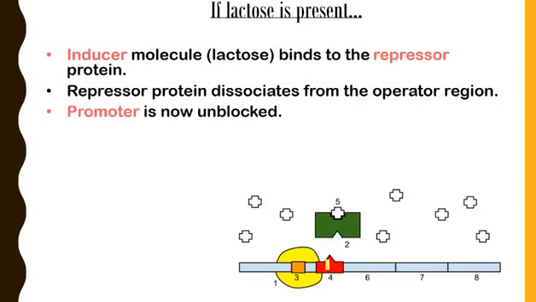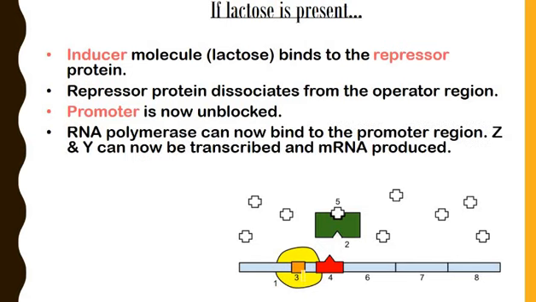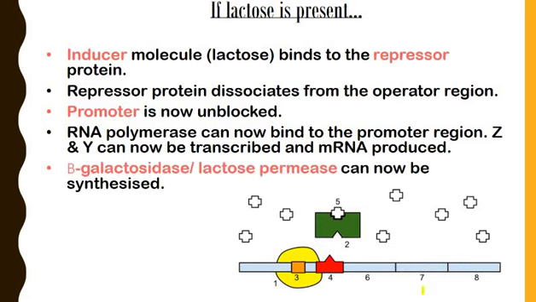The promoter is now unblocked because there isn't this repressor protein covering it up. That means that RNA polymerase can bind to the promoter region, and it can now move through the operon and transcribe all of the structural genes, the lac Z, lac Y, and lac A. That means that the beta-galactosidase and lactose permease can now be synthesized.